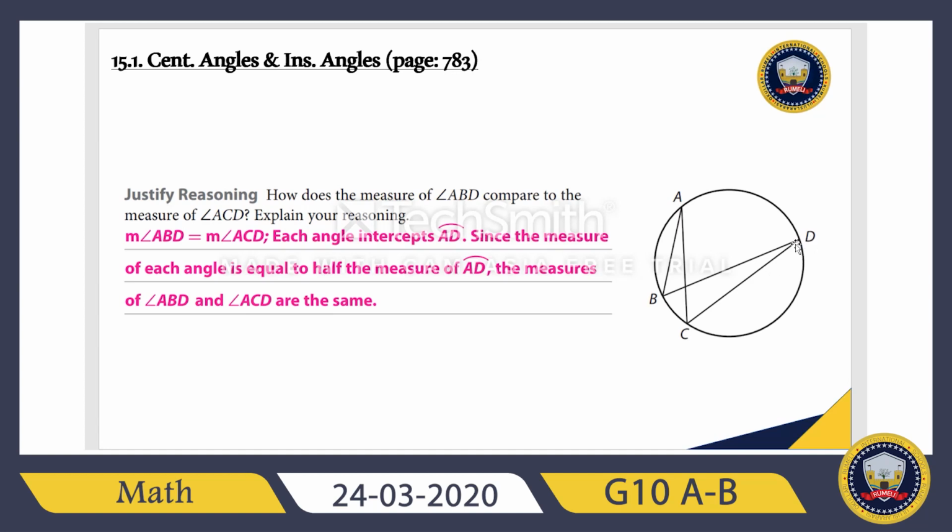So in general, whenever you have any angle that shares the same arc with another angle, these two angles will be measuring the same. If I have, for example, a point here, let's call it F, so the angle AFD will have the same measure as the angle ACD, the same measure as the angle ABD, and so on, as long as they have the same intercepted arc.